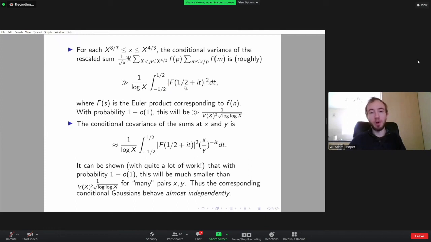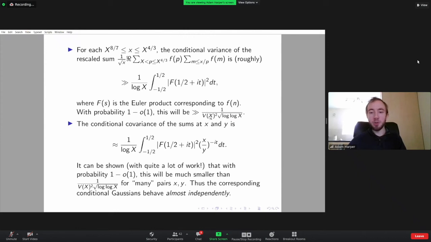So the product over primes up to capital X that corresponds to the random multiplicative function squared over this little interval rescaled. This isn't obvious at all, but this was sort of known because of this previous work. And if you look at how this behaves, this depends on the f of p for the small primes p, this depends on the conditioning. But you can show that with probability tending to 1, this will be bigger than 1 over v of x squared, this slowly growing function, times root log of x.